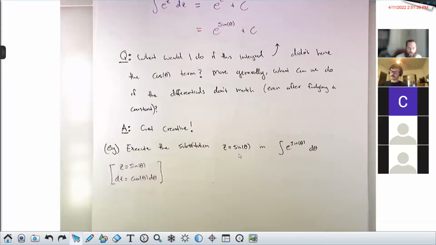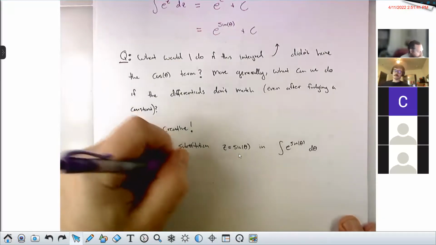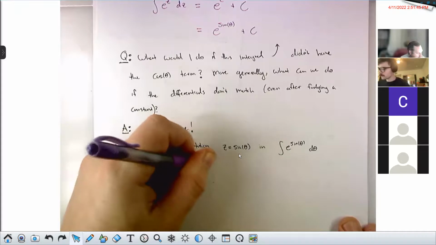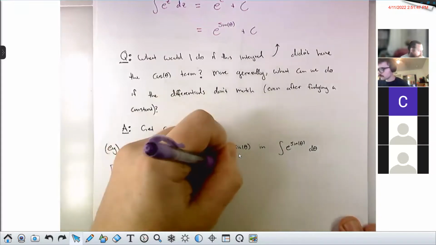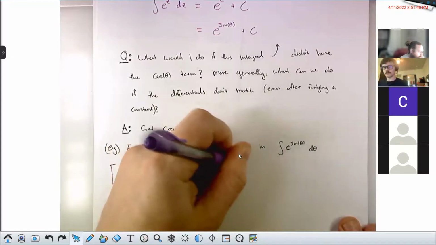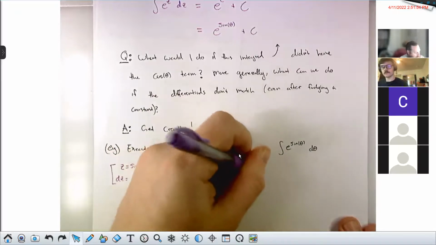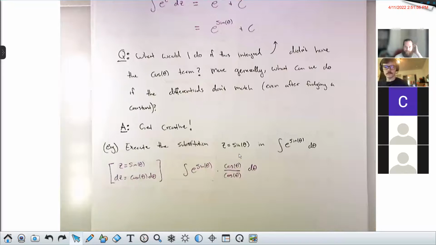So like any good enterprising person, I shove it in. E to the sine theta is the same as e to the sine theta times cos theta over cos theta d theta. You can't stop me from doing that.